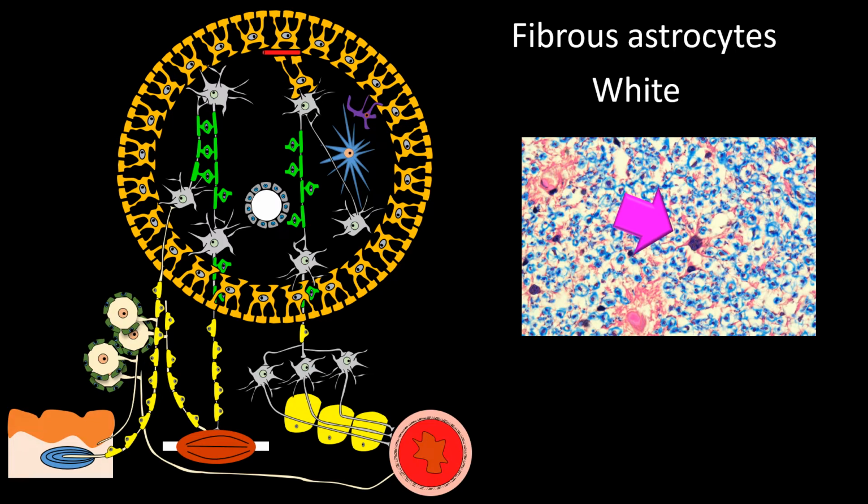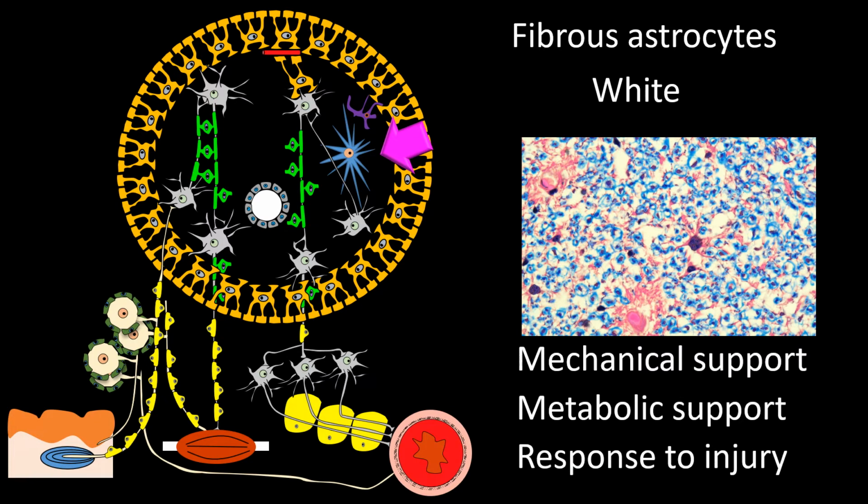They do have a fibrillary appearance, as you can see captured in this picture, and schematically here being pointed by the arrow. They serve as mechanical and metabolic support in the white matter, and they react to injury.